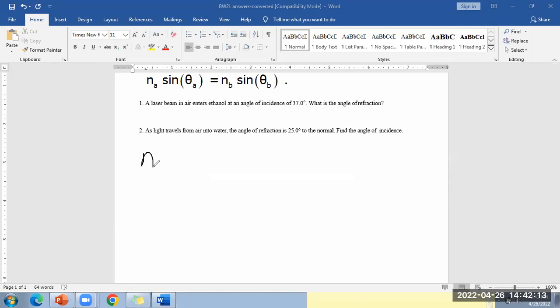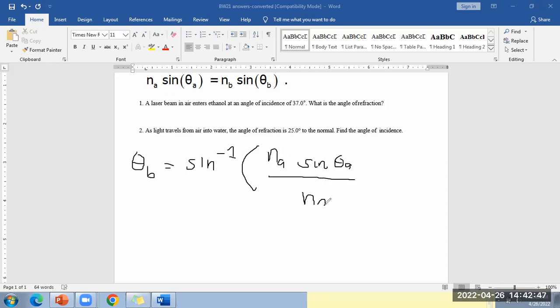For example, missing value natin is B. So pag missing value natin is B, ito na lang yung formula natin: angle B is equivalent to sine raised to negative 1 times N of A sine of A over N of B. Apply nyo na lang kung ano yung mga certain value.